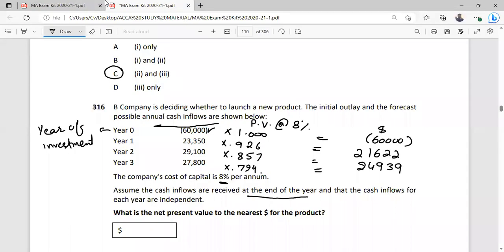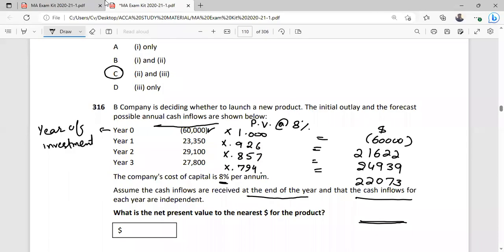Then 27,800 into 0.794 is 22,073. So you will add all the present values and less your initial investment.